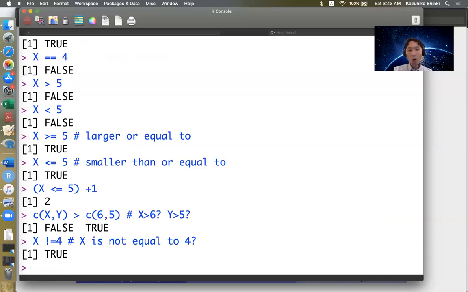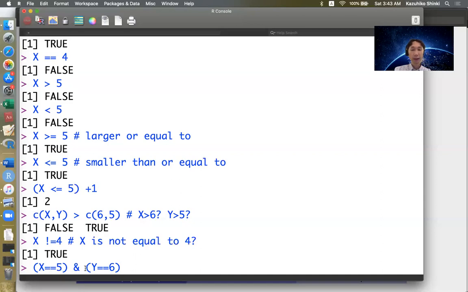And the next: AND, OR, XOR, and NOT. So if we have two statements, we can think about AND and OR. The first, the AND. X is equal to 5, and y is equal to 6. Since x is 5 and y is 6, this should be true because both statements are true.